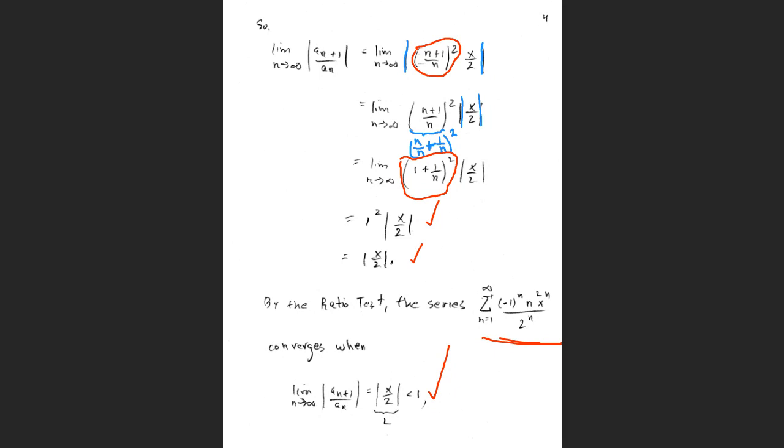Well, based on this statement here, if the absolute value of x over 2 is less than 1, the power series would converge for those values of x. So we need to solve this inequality to determine the values of x. We'll do that on the next page.